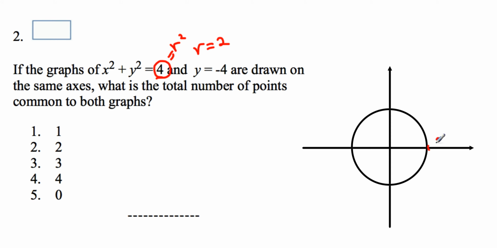So here we have 2, negative 2, negative 2, and 2. Now, y equals negative 4, that will be a line below this one. And that could be y equals negative 4. And that circle is the first one. How many points are common between the circle and the line? None. There's nothing common. So therefore, our answer is choice 5, 0 common points.